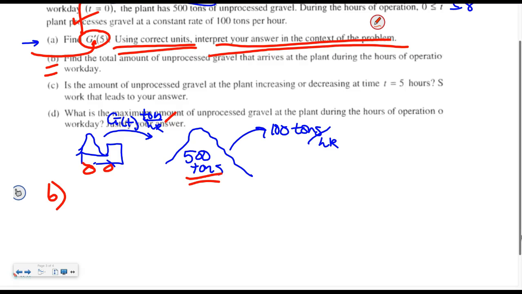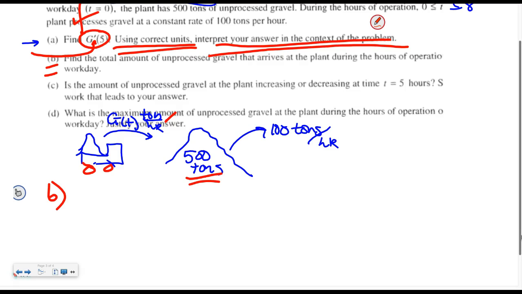Not necessarily. So I've got the nuggets sitting there, and I've got stuff going in and stuff going out. And I just want to know if what's sitting there at any given time is increasing in amount or decreasing. What two things would I compare? G of T, yeah, the rate in, to the 100, the rate out. Yeah, all you're doing is comparing rate in and rate out at that time.